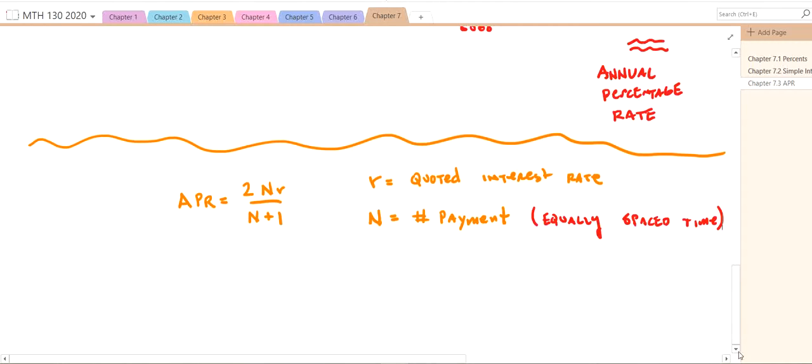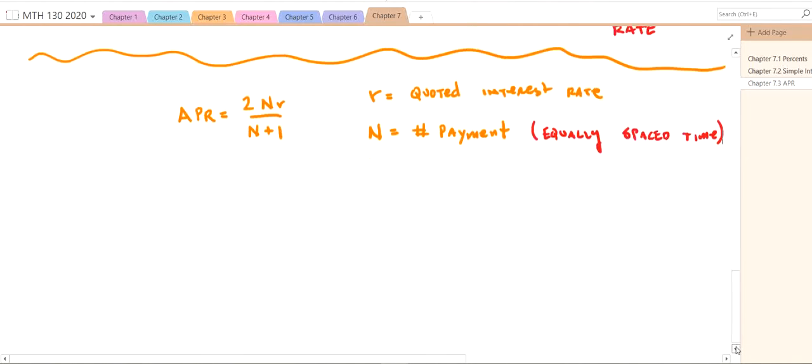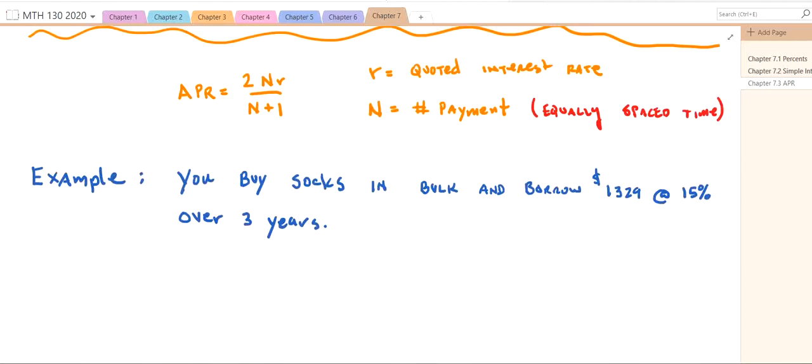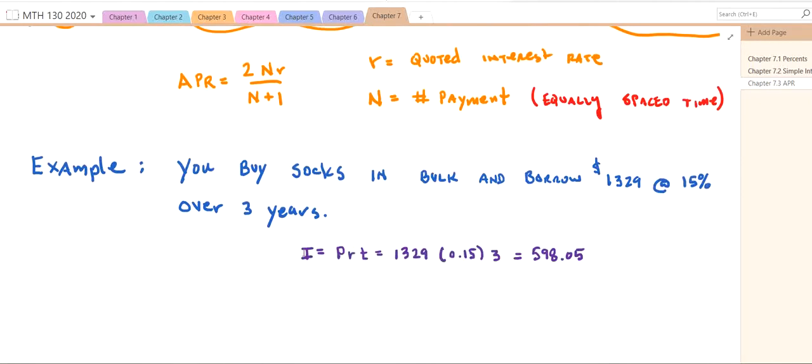So let's just jump into an example here. Okay, so let's say you buy socks in bulk and borrow $1,329 to do this, which you're going to pay off over 3 years at a 15% annual interest rate. So just for your information, I'll calculate the interest here.